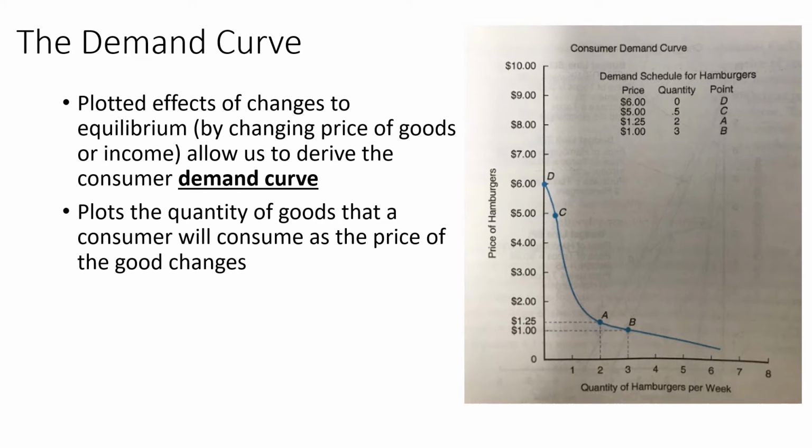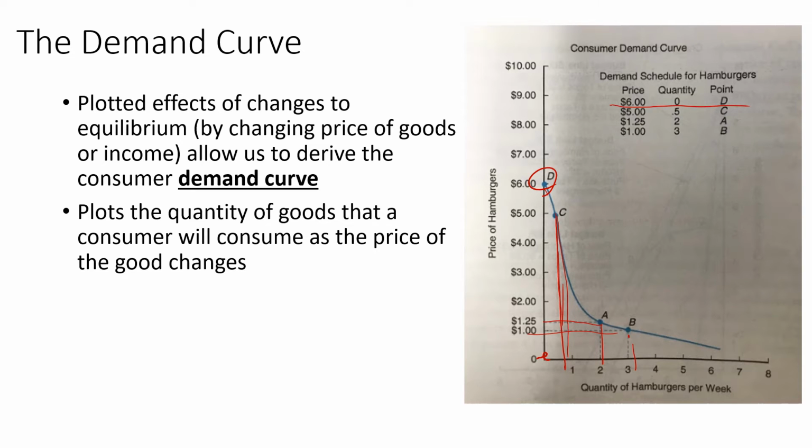And they did the same thing. It was $5, demanded a half a burger, $1.25 to $1.03. So they just did exactly what we did. They had one more data point, $6 they added, they were going to demand 0.